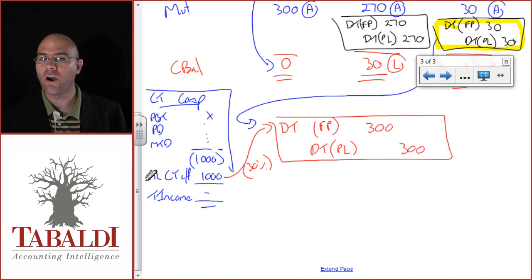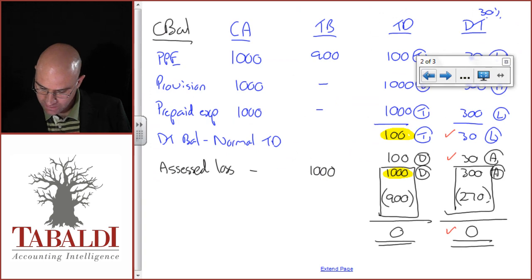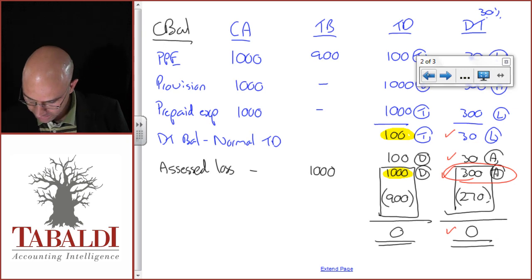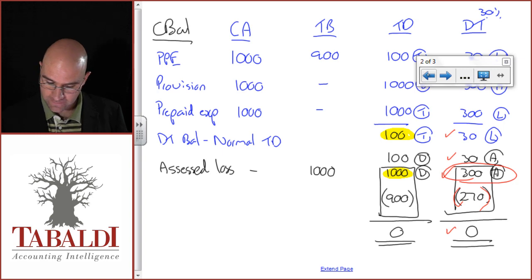Now that's a journal you pass irrespective of whether there's an unrecognized tax loss or not. On the previous slide, that would be the 300 deferred tax asset that's already sitting there. But in our little working here, we had to take out or unrecognize 270 Rand worth of that deferred tax asset because there was no convincing evidence of future taxable income.